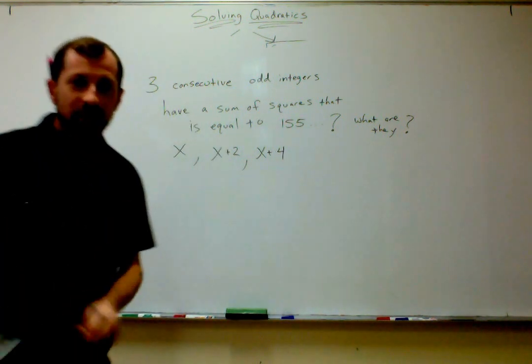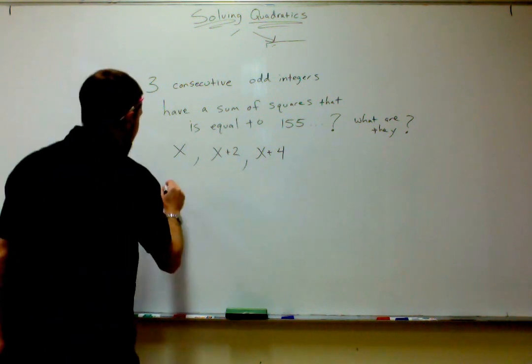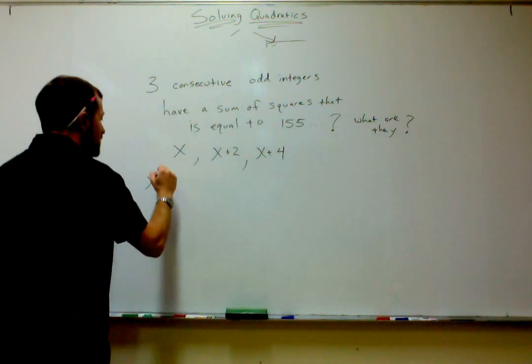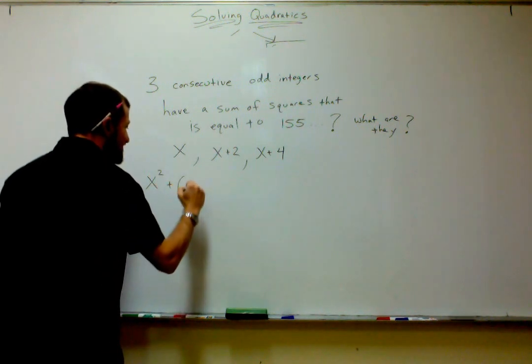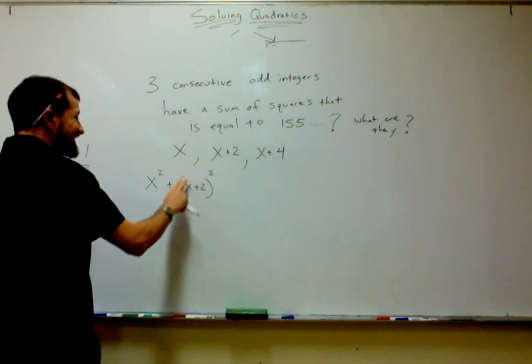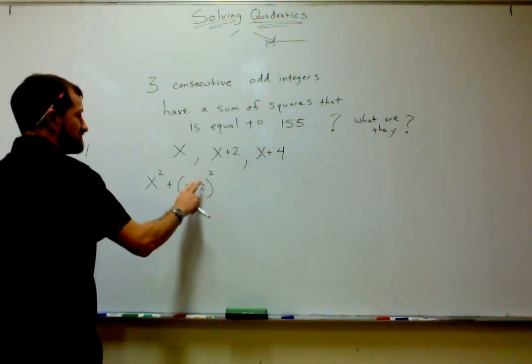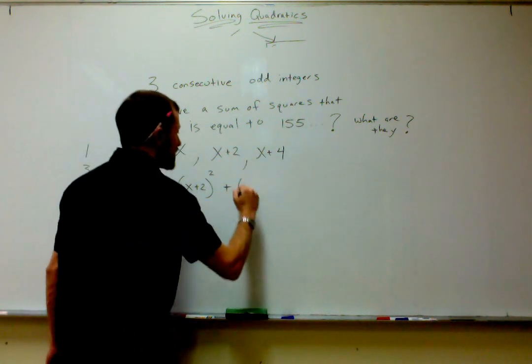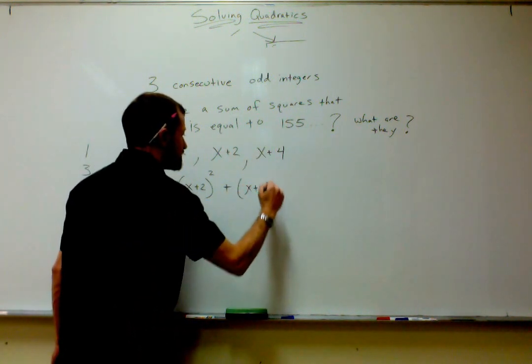So let's set up our equation. We would have the sum of their squares. So x squared plus (x plus 2) squared, because this is a number, x plus 2. And we're going to add to that the square of this number, x plus 4.